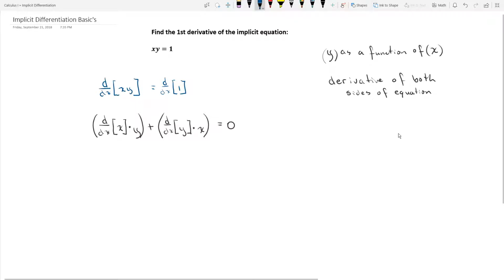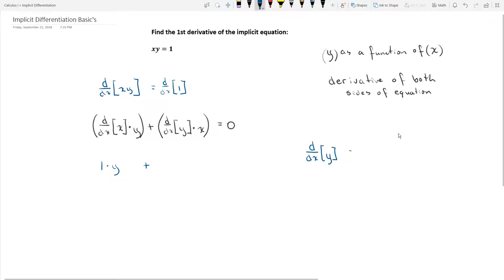Now we can further look at this from the derivative of x, which is just simply going to be 1 multiplied by y plus the derivative, and this is what it literally says. We're saying that we want the derivative of x with respect to x of y.